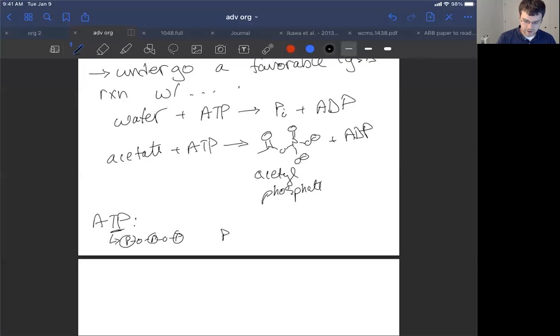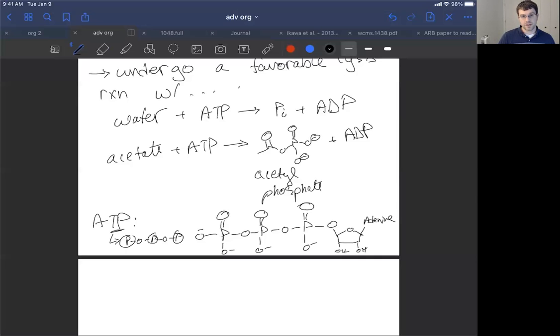Okay, so we have phosphate 1 bound to another P, O, P. There's my 3 phosphates. Now this O is bound to ribose, which is bound to adenine to give overall adenosine triphosphate. Okay, so we have our 2 carbonyls, we have our 2 O minuses.